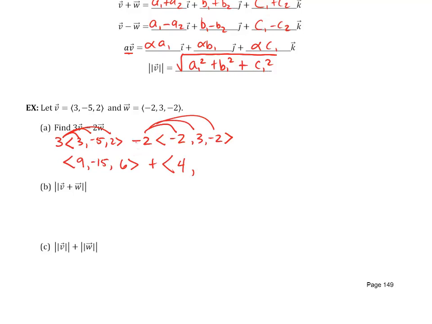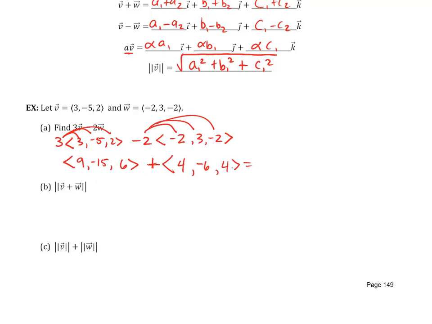The reason I changed that to a plus is I'm distributing the negative as well. So -2 times -2 is positive 4. -2 times 3 is -6. And -2 times -2 again is positive 4.